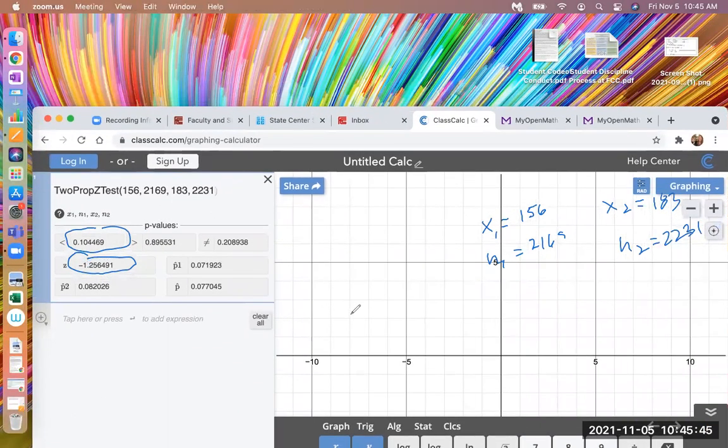So just so that you know what's going on here, in a 2 sample test like this, they basically subtract the 2 sample proportions.